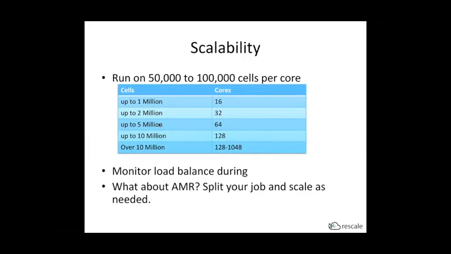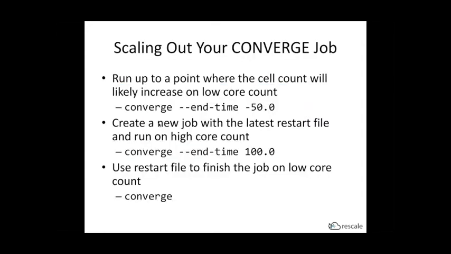To do this, like I said, you can run more than 2 or 3 jobs by splitting up your job into multiple jobs. Let's assume that we have a job with an event around top dead center, during which we expect AMR to dramatically increase the cell count.